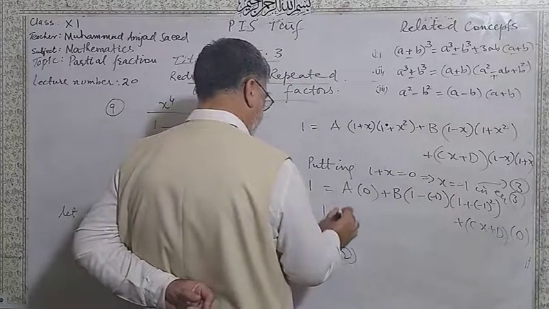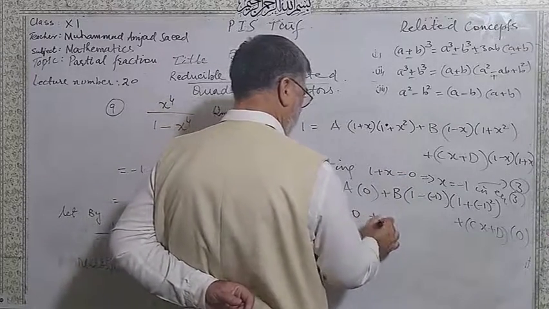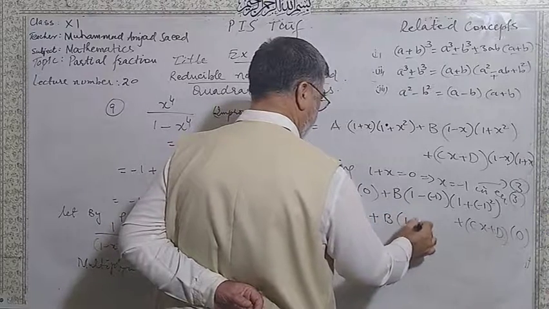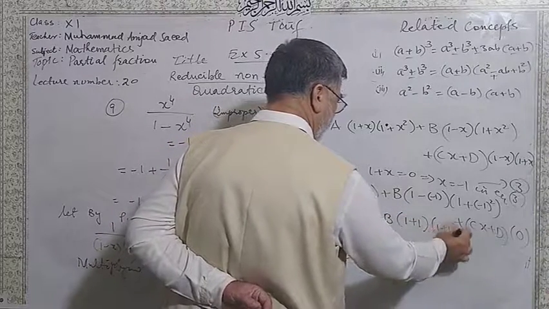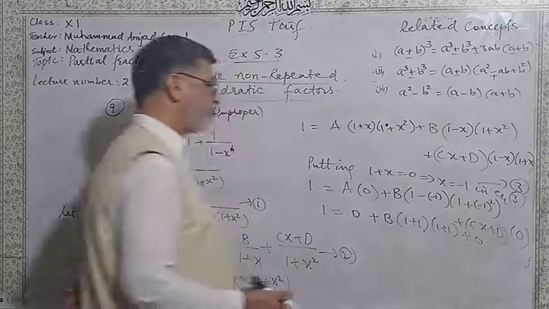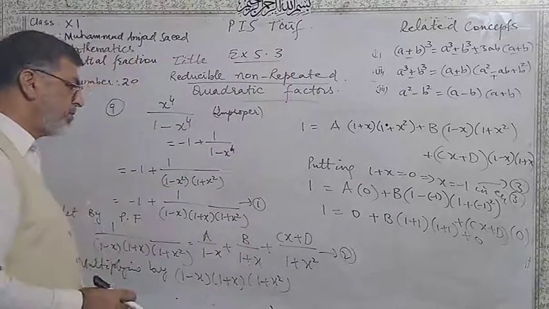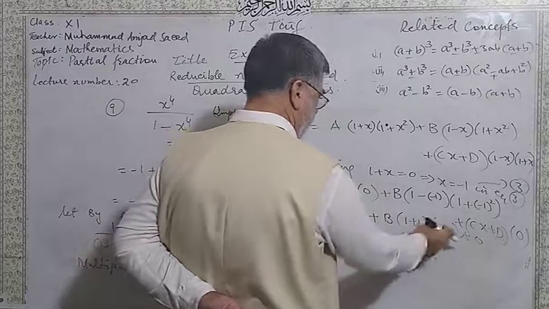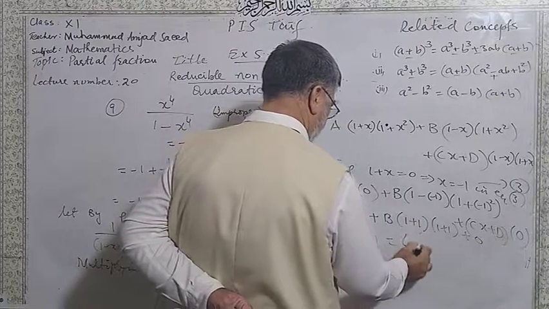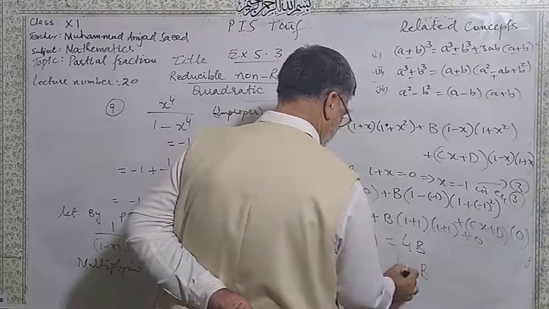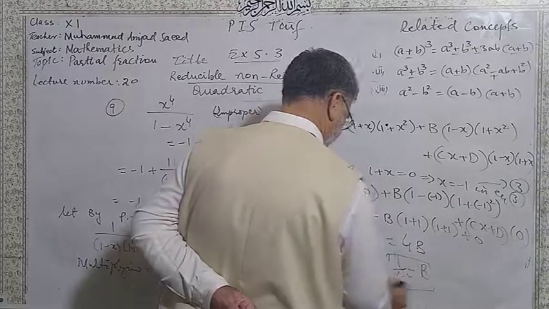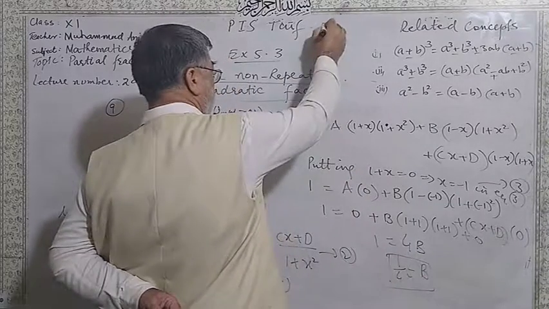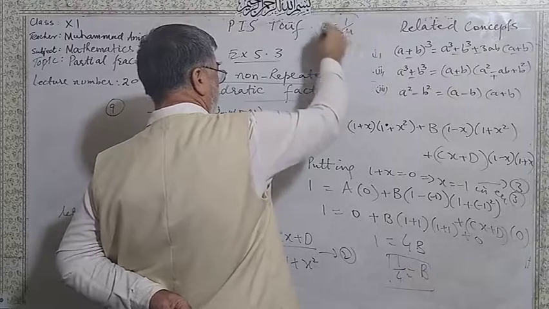So you can see 1 is equal to 0 plus b into 1 plus 1 and 1 plus 1 plus 0. So 1 is equal to 2 into 2, 4, 4b, and b is equal to 1 over 4. B is equal to 1 over 4. We have found that.